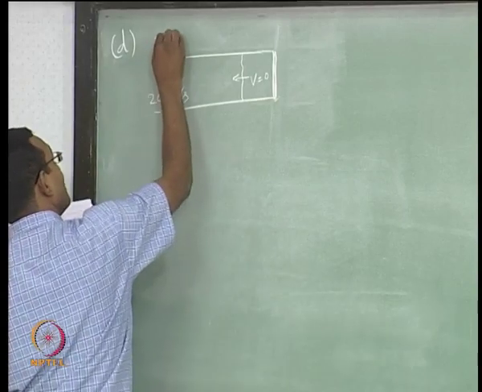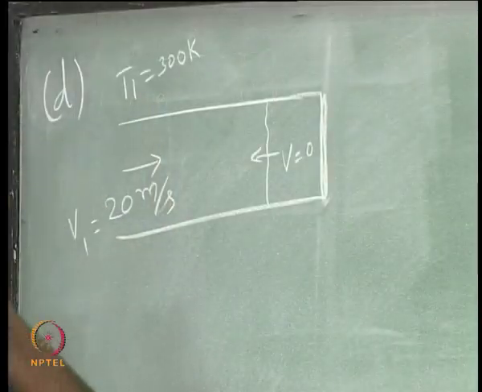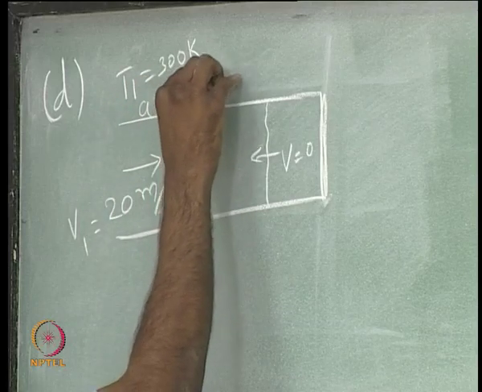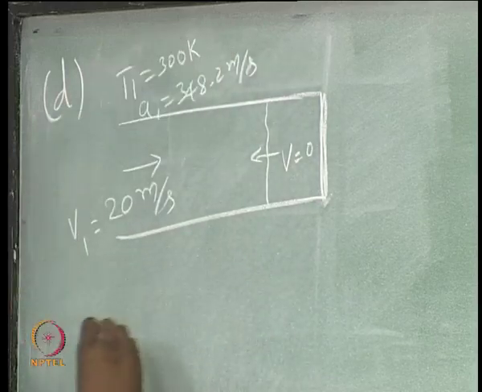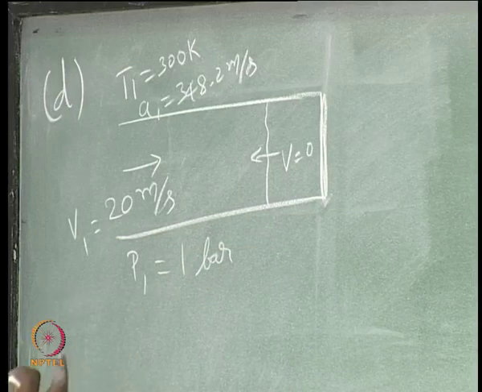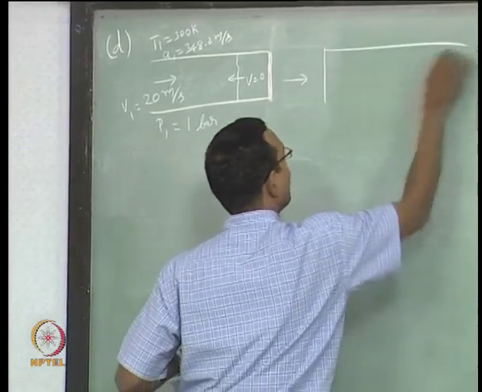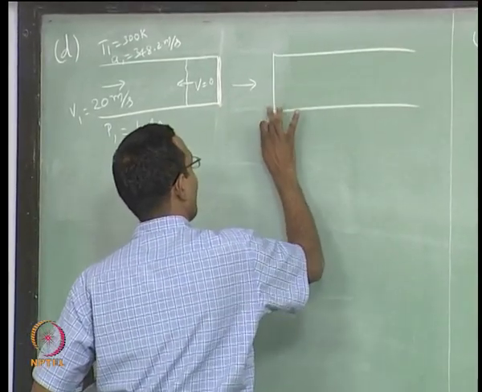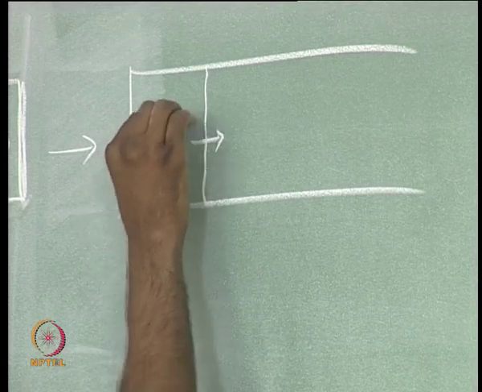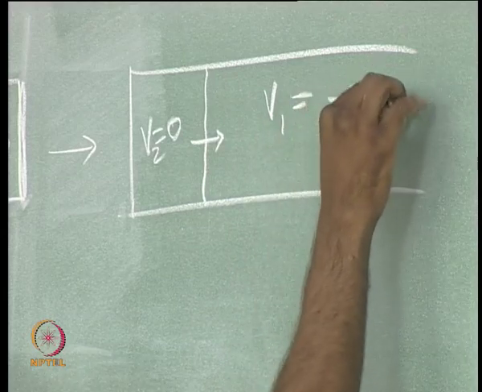Let us say we know T1 equal to 300 Kelvin temperature here, V1 equal to this, and this means that A1 equal to 348.2 meter per second. I am using the same numbers so that it is easier. Now, we do not like solving the problem from right to left, we are always using left to right. So, I will transform this to a problem of this type, and I am going to say there is a shock that is moving left to right, and its job is to make V2 equal to 0 while V1 was having a minus 20 meter per second velocity.